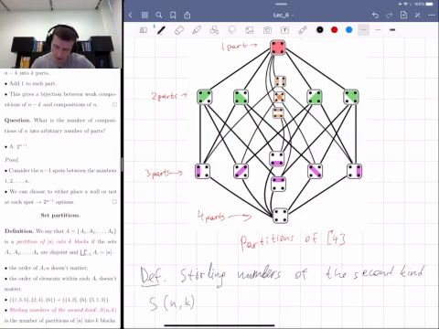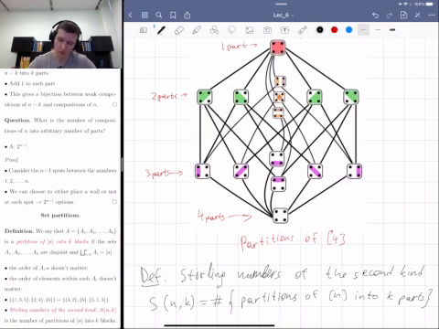It's just the number of partitions of [n] into k parts. So in this picture, S(4,4) is 1, S(4,3) is 6, S(4,2) is 7, S(4,1) is 1.